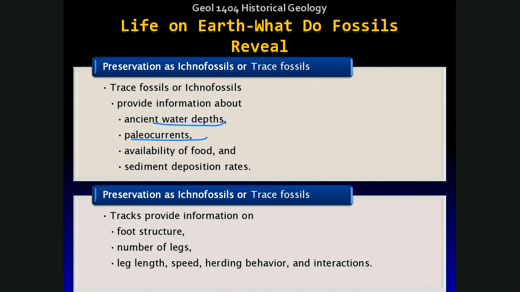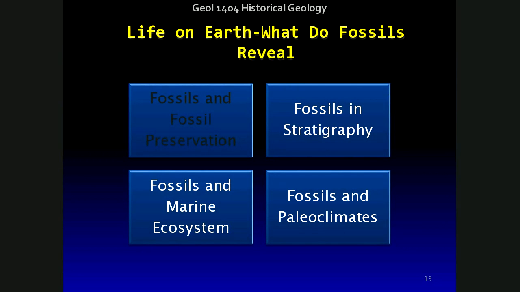The tracks provide information about foot structure, the number of legs, walking speed or running speed, and related behaviors. So even though there is no hard part or soft part preserved in a trace fossil, a lot of the biological information is preserved in them.